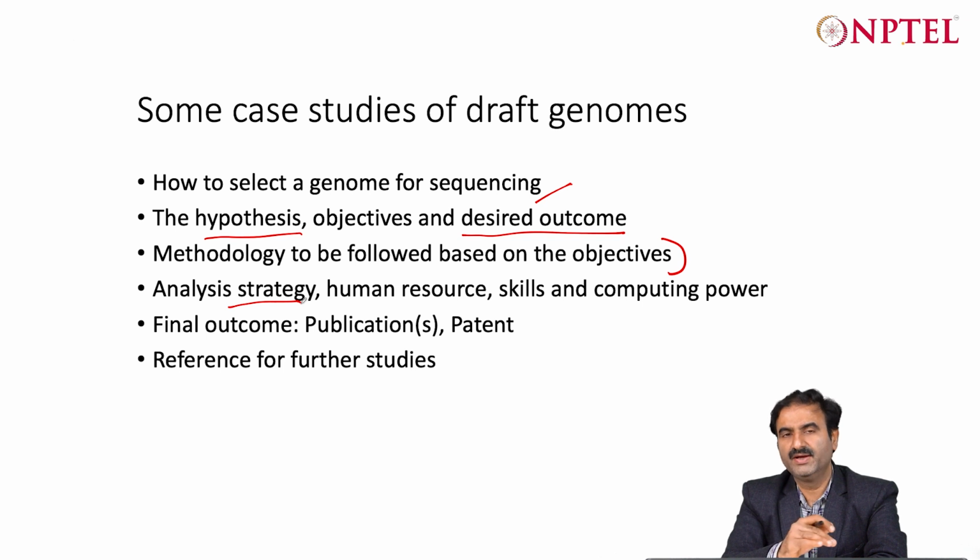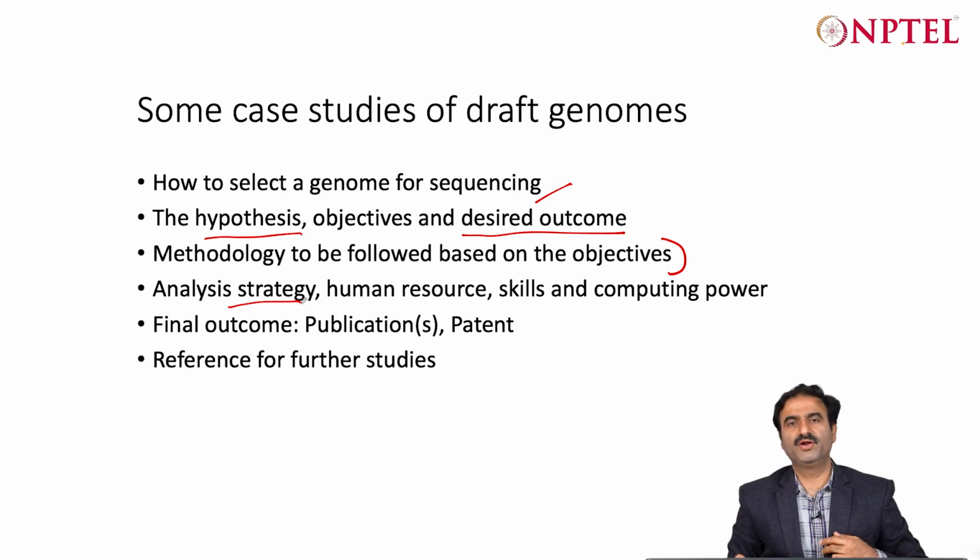But if you are new, then you have to start from scratch, find out all the tools first, install them, see that you have the relevant infrastructure, computational and people, skilled people who can do the analysis. Sequencing you may outsource, but analysis you may like to do yourself.